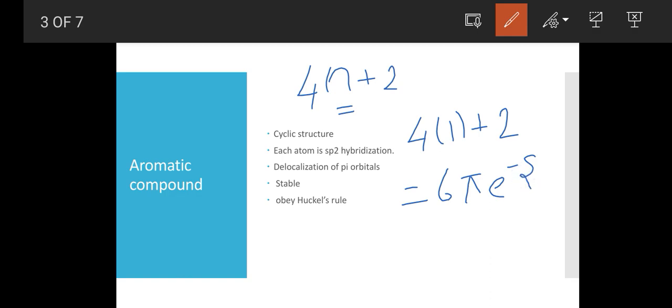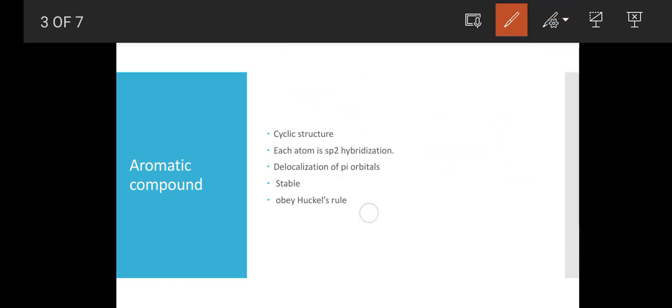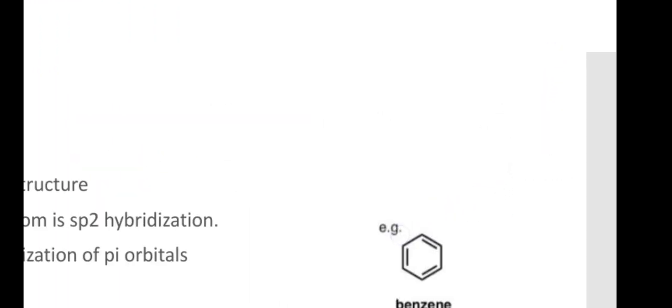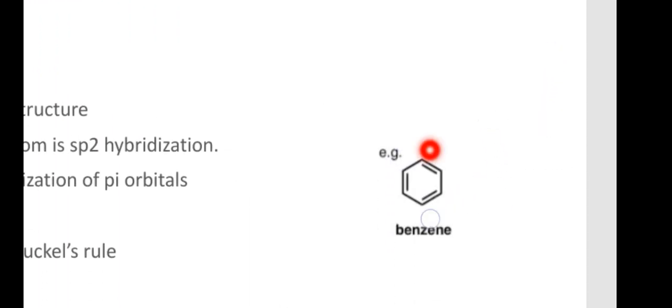Here we will see the examples also. Benzene is the best example for an aromatic compound. It is a cyclic compound and a stable one, it has sp2 hybridization and delocalization of pi electrons, and it obeys Huckel's rule.